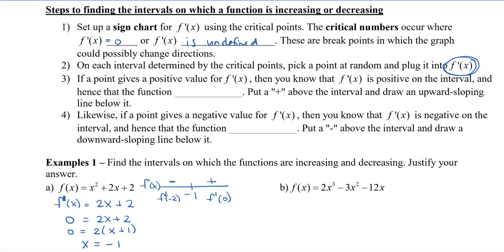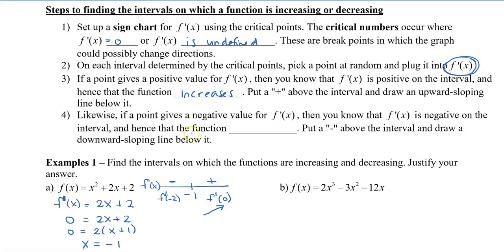So here it now says, if a point gives a positive value, then you know that f prime of x is positive on the interval, which it is, and hence that the function increases. So we're going to show that with a plus sign above, and then I'm going to draw an arrow to show that it's moving upward.